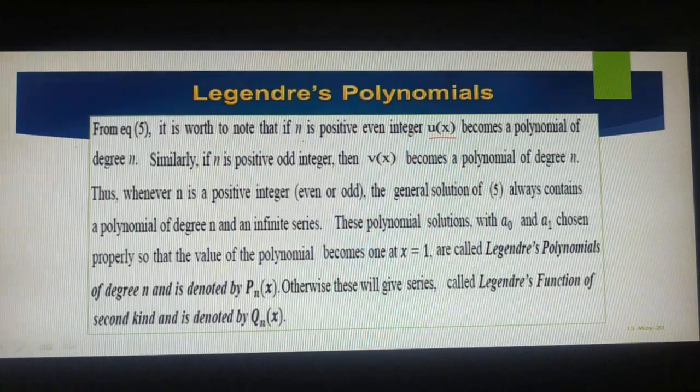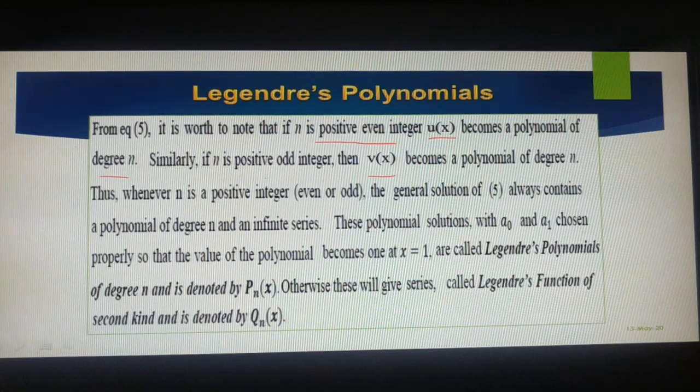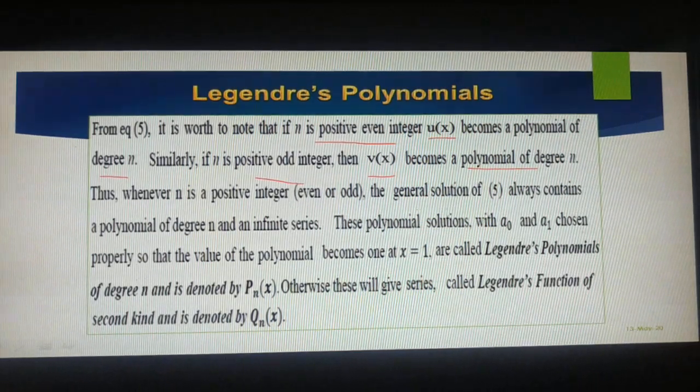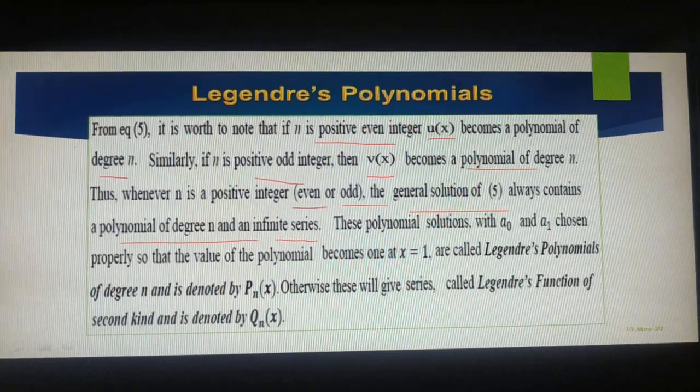When I take positive even integers in the power, like x square, x to the power of 4, we get a polynomial of degree n. Similarly for v of x, if you take odd integers, that is also a polynomial. Either even or odd, in general it contains a polynomial of degree n and an infinite series.